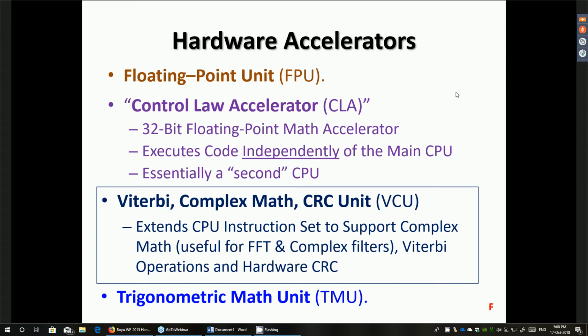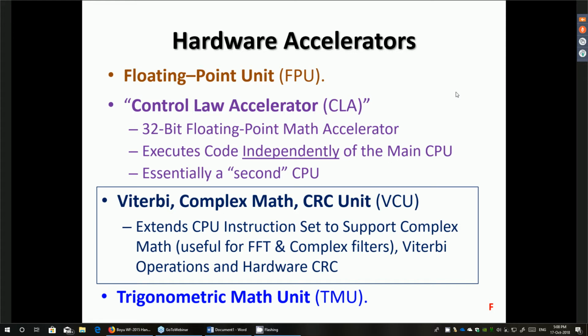But our microcontrollers have some special hardware accelerators called control law accelerator, which is a CPU by itself, right? It's a 32-bit floating point math accelerator, and it can execute code independently of the main CPU, right? And we also have a hardware accelerator called Viterbi, Complex Math and CRC unit. Those of you in the audience who teach communication theory, you will be familiar with Viterbi encoding.